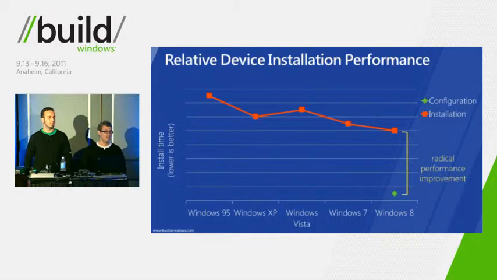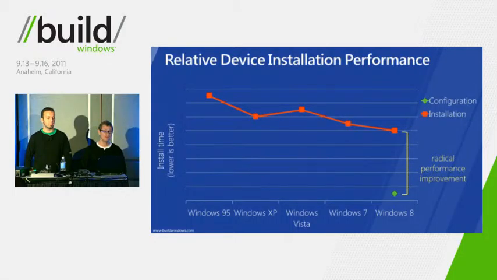In Windows 8, we've made significant performance improvements in a feature that we call device configuration. Device configuration basically represents a radical performance increase for the installation process, an order of magnitude or more of a speed increase.